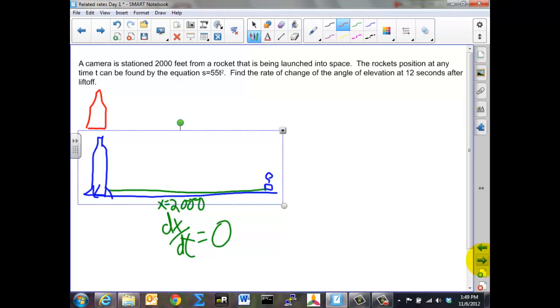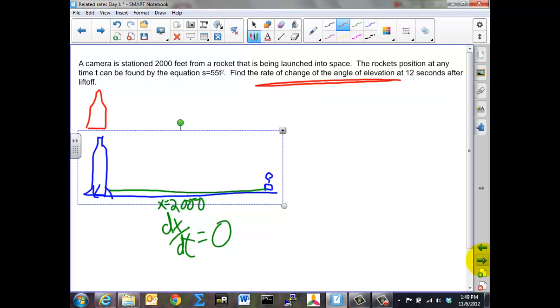Okay? The rocket's position at any time can be found by the equation s equals 55t squared. All right, big deal. Find the rate of change of the angle of elevation. What on earth is the angle of elevation? When the rocket goes up, you have to tilt the camera. Very good.